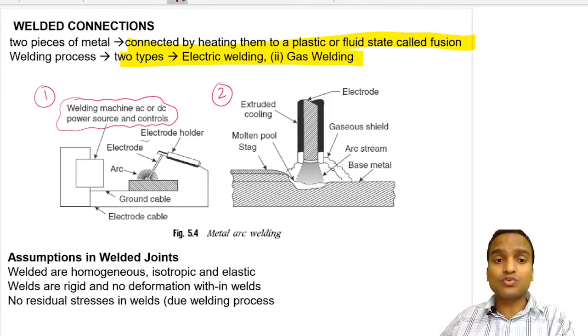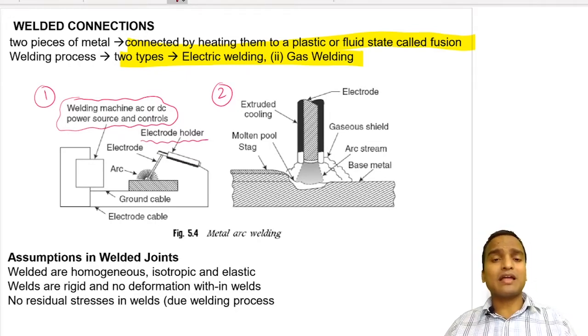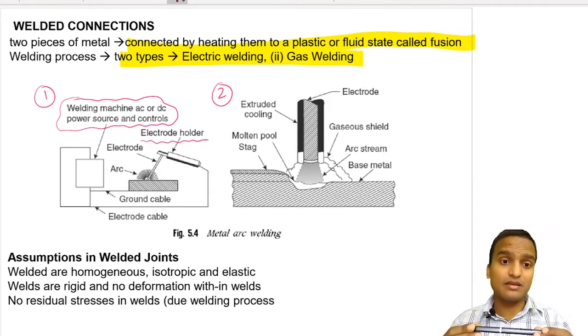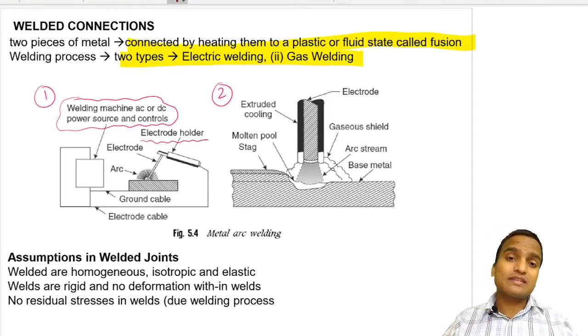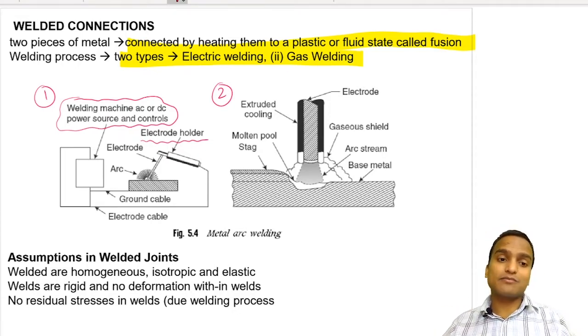Those holders hold electrodes, and electrodes are available in the market. They can be said to be refills, just like we have refills in a pen. They use this electrode for short circuiting with the base metal. Now what happens due to short circuiting? There is an electrical arc.